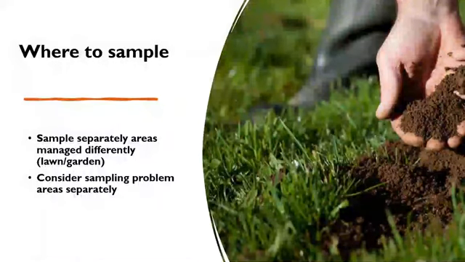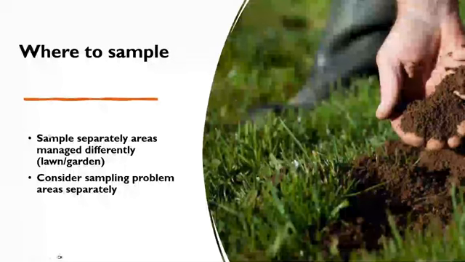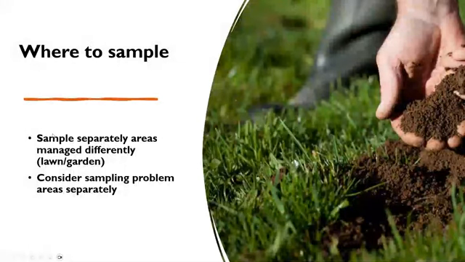You might have really low organic matter. But if you have a problem area, you can really focus on that area and have a soil sample just for that. It'll give you a lot better ideas of where to go with that and how to treat it in the future, or if it even is a soil problem that you're experiencing.